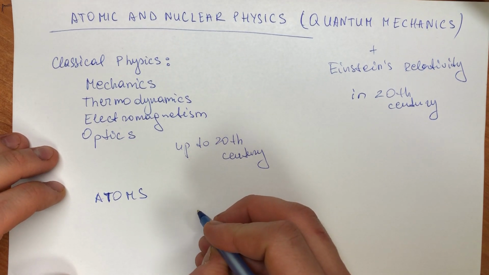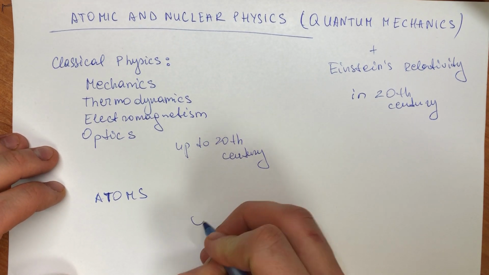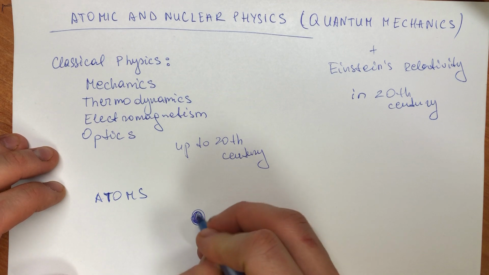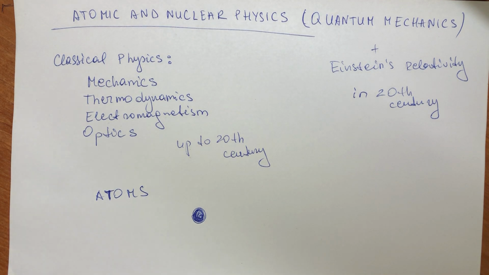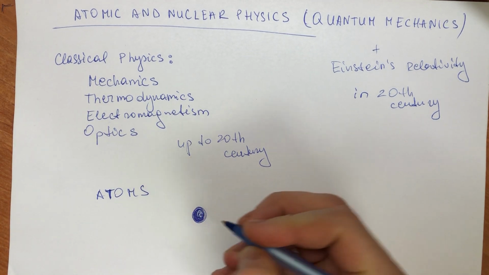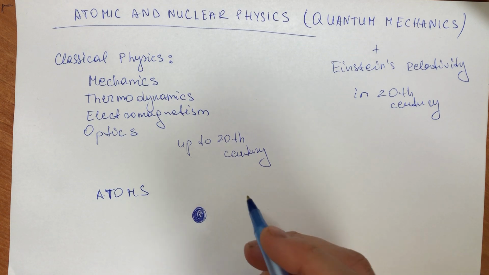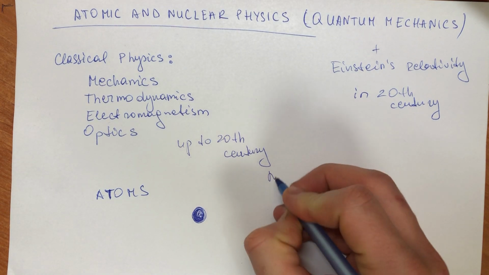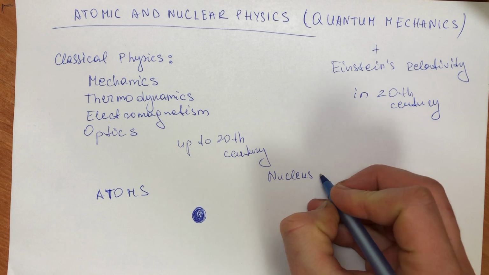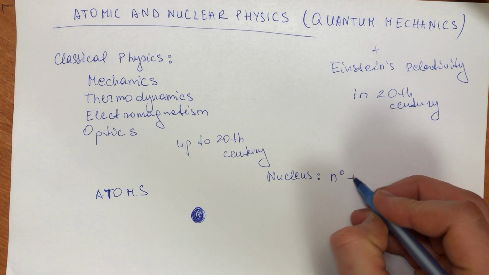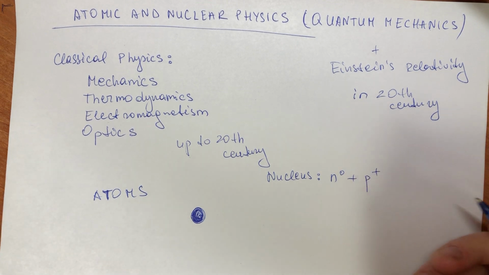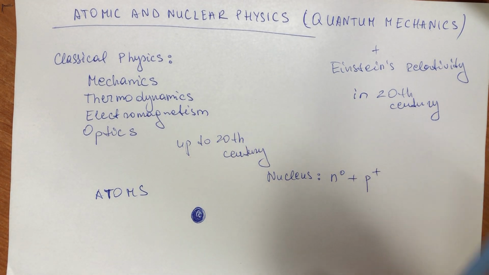the atom has a nucleus. We can show it as some kind of, let's say, circular nucleus, and the nucleus is composed of neutrons, which have no charge, plus protons, which have positive charge, and electrons are moving around the nucleus.